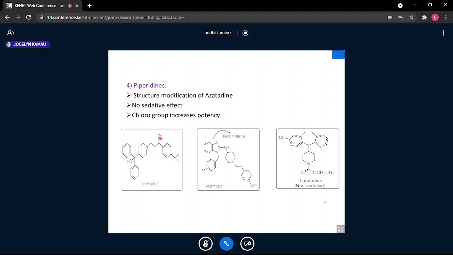It's also a piperidine. If you look at this drug again, you can see the two rings there, but it has a hydroxyl group. You have not seen any drug with a hydroxyl group there, and then you attach your piperidine to a central carbon.